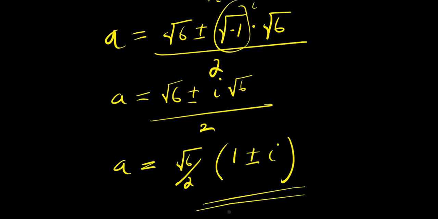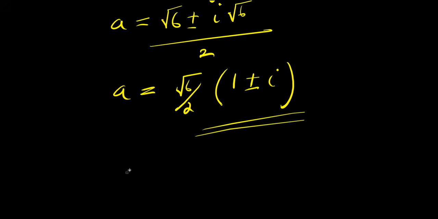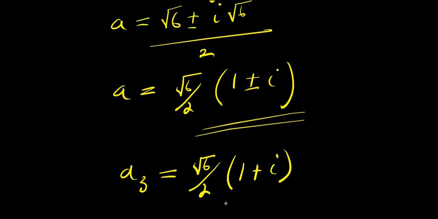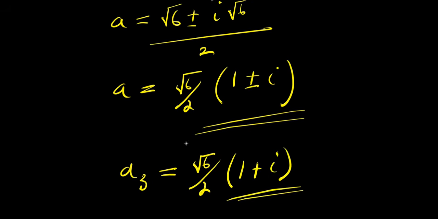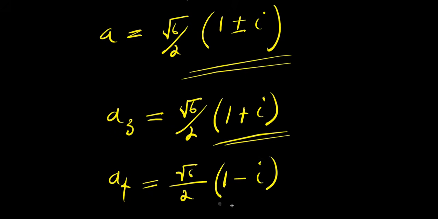So we have 2 more complex values, making it a total of 4 complex values. We have a3 equals root 6 over 2 times 1 plus i, and we also have a4 equals root 6 divided by 2 times, this time, 1 minus i.